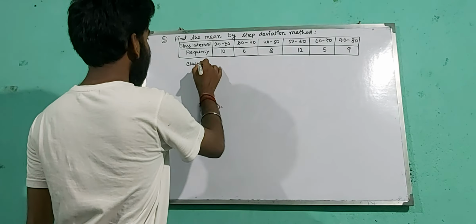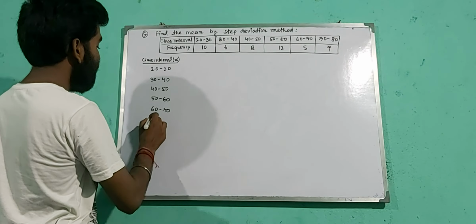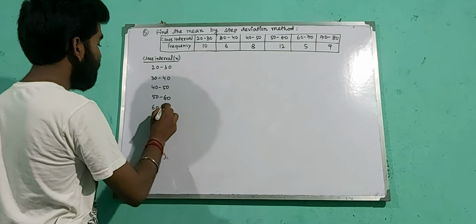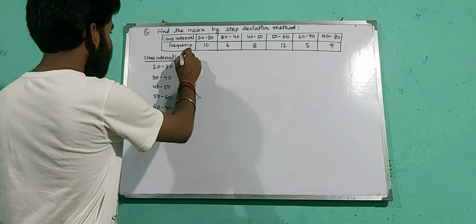Class interval, you know what name I will give it, xi. What is the class interval? 20 to 30, 30 to 40, 40 to 50, 50 to 60, 60 to 70, 70 to 80, more is not there. Just you give a line here.